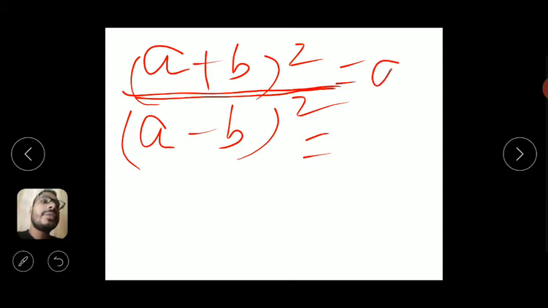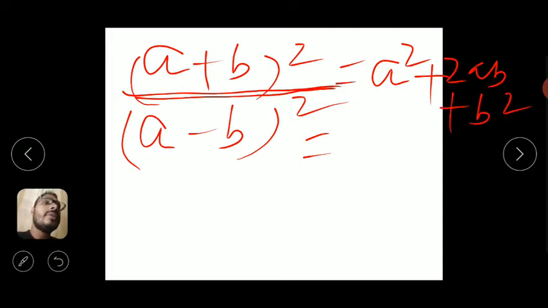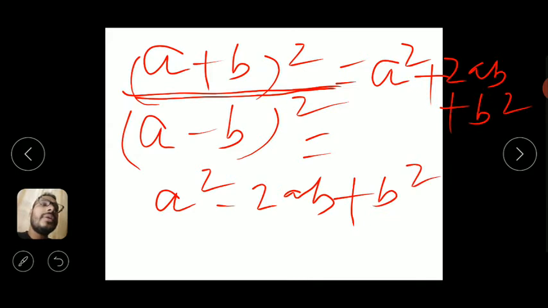What you get here is a square plus 2ab plus b square. Similarly, for a minus b whole square, a square minus 2ab plus b square. So we are using these two formulas, a plus b whole square and a minus b whole square.